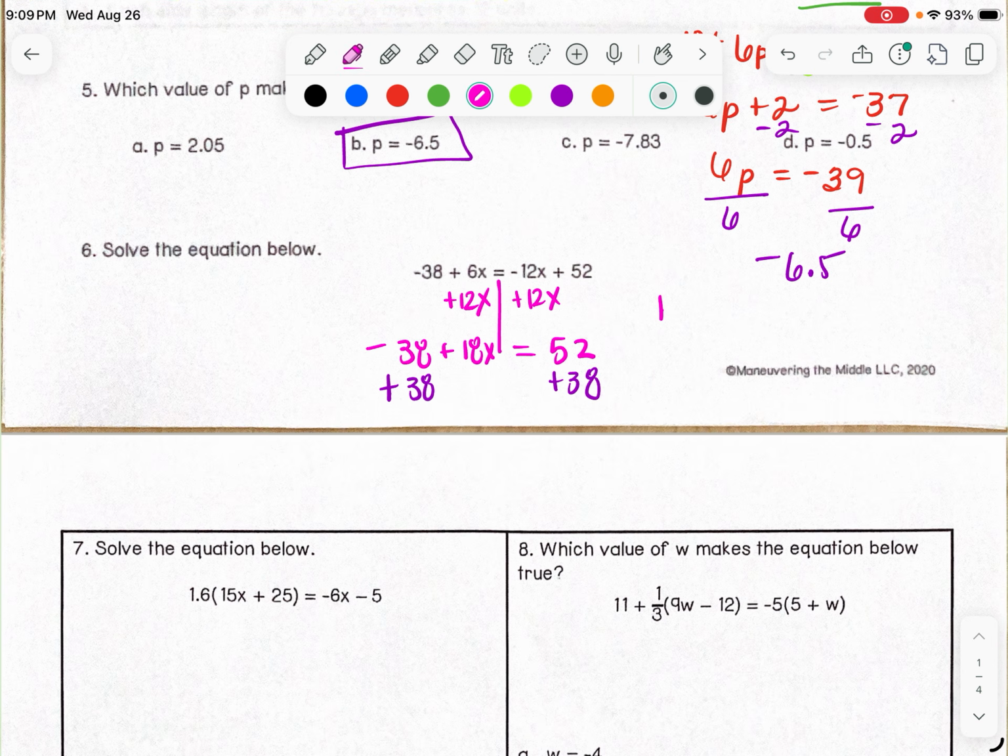So I get 18x is 90. I'm going to divide by 18, and you get 5. So x equals 5 is the solution to that one.